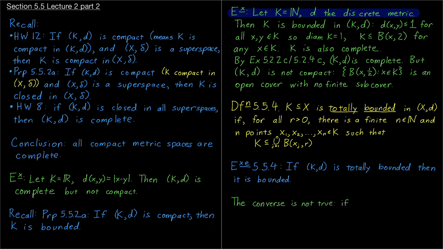So if d is the discrete metric and K is infinite, then (K, d) is bounded but not totally bounded.